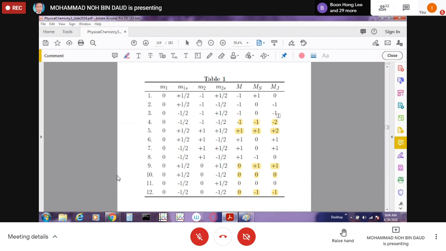So the lowest one is negative 1, and the highest one here is positive 1. So you can select this one. Okay, in between is 0.